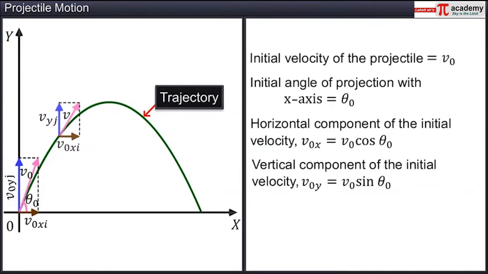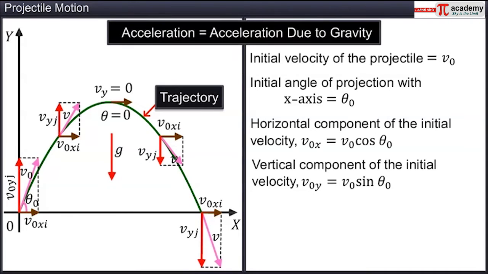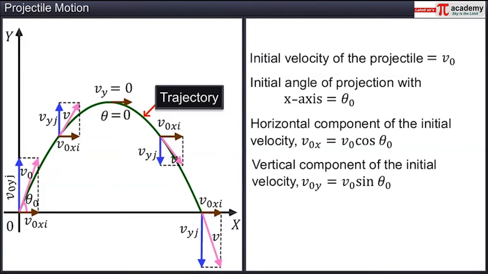This vertical component keeps on changing with its position and elapsed time of the projectile, as the vertical component of the projectile motion has an acceleration equal to the acceleration due to gravity. Here, a is equal to minus g j, ax is equal to 0, and ay is equal to minus g.